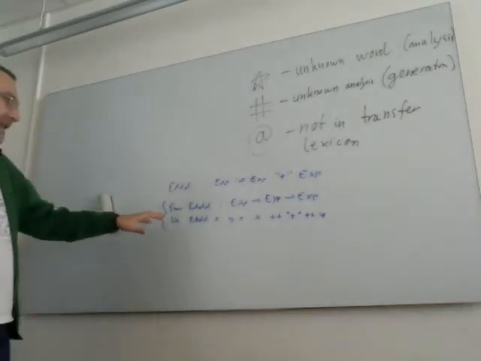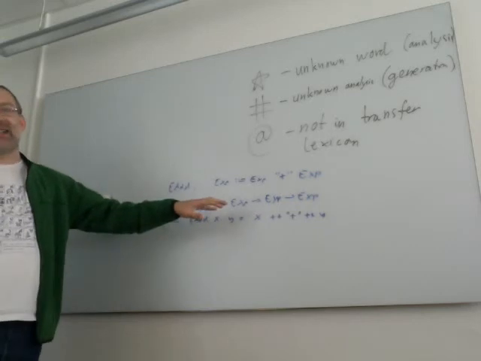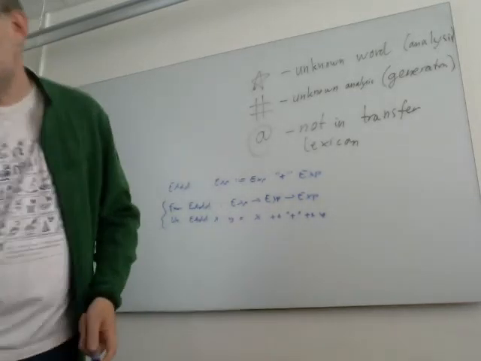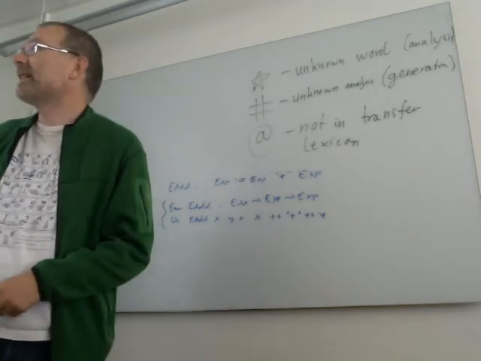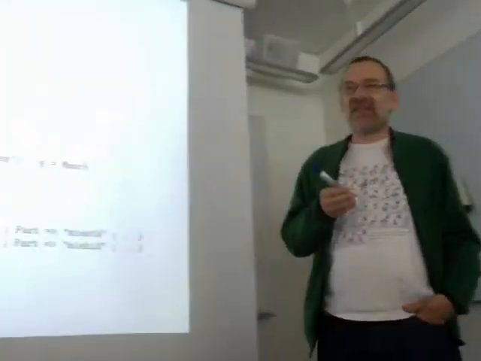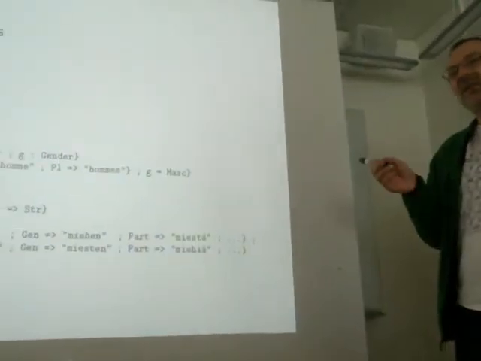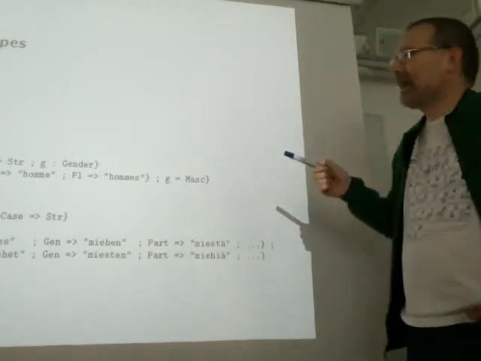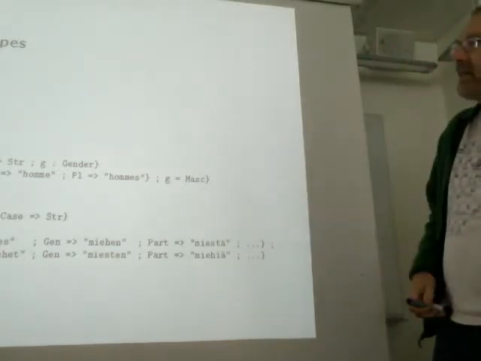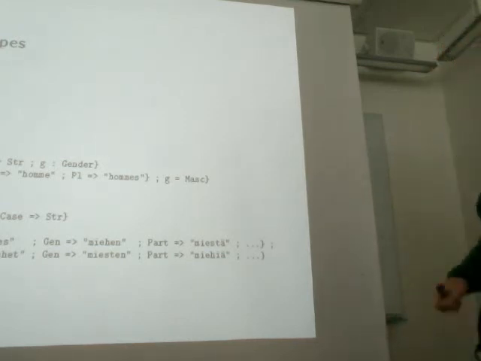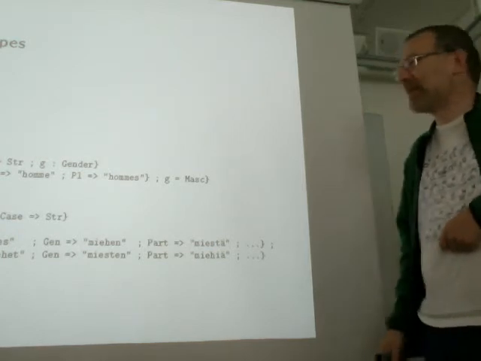But then this is still just on the level of concatenating strings. And the next thing we want to do is that we generalize the types of the linearization from strings to records and tables, as we call them. So if you have, for instance, a noun, we have the abstract category N, and for instance a function man, which is an abstract entity in the type noun.